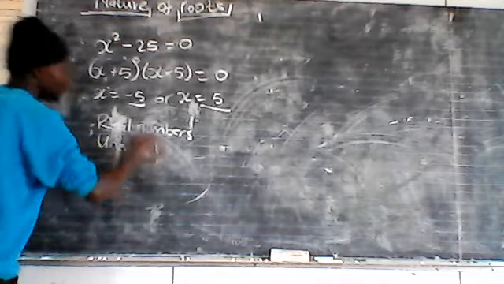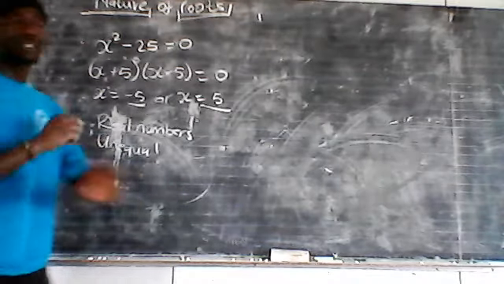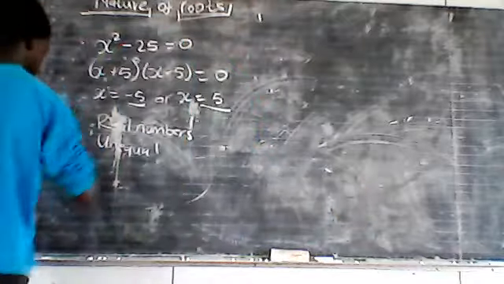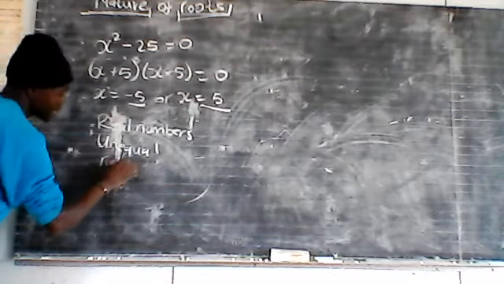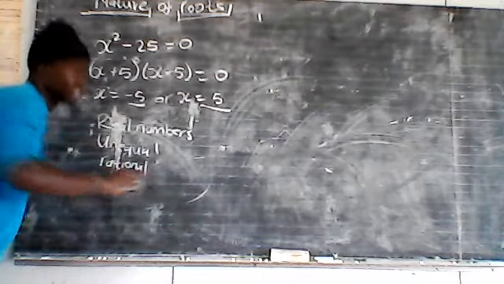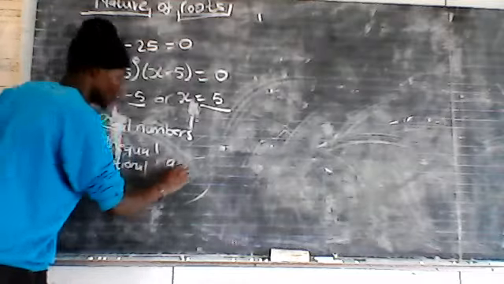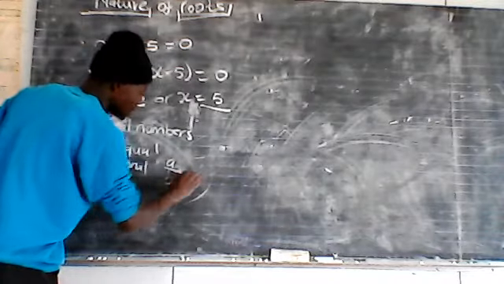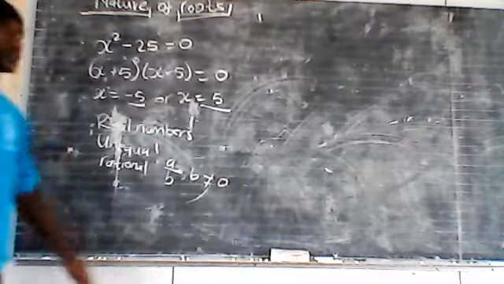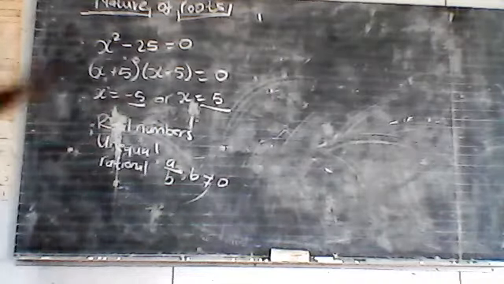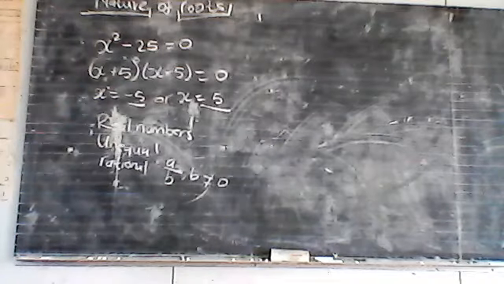Positive 5 and negative 5 are two different things. They are definitely not equal. What else could you tell me about those roots? That they are rational, guys. Rational means that they can be written in the form of a over b, where b is not equal to 0. So those roots are real numbers, they are unequal, and they are also rational.